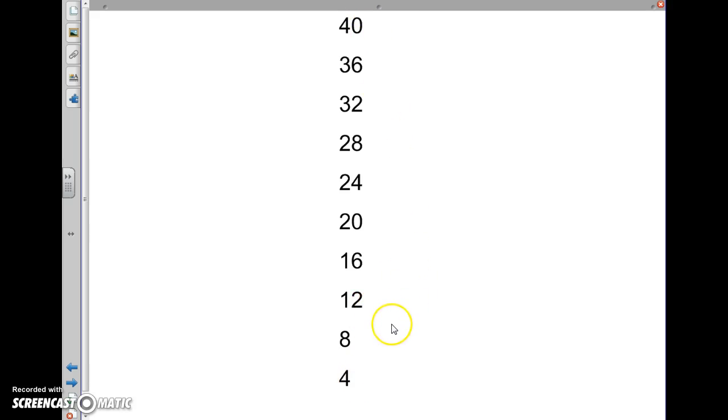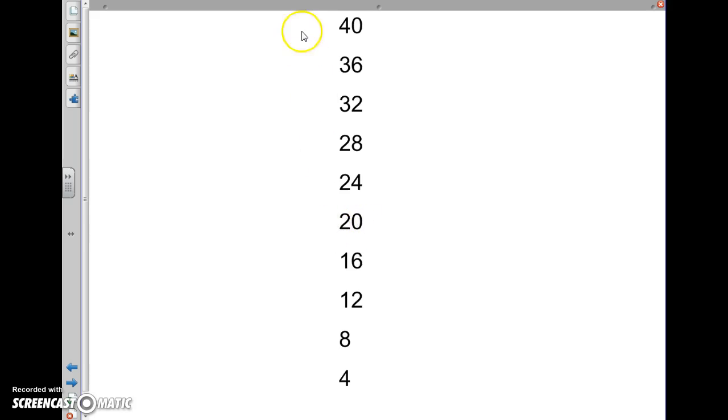As we look at these, I want you to think about any patterns that you see. For example, the 10th multiple of 4 is 40, and the 5th multiple of 4 is 20. What do you notice about those two numbers? How are they related in this multiple tower?